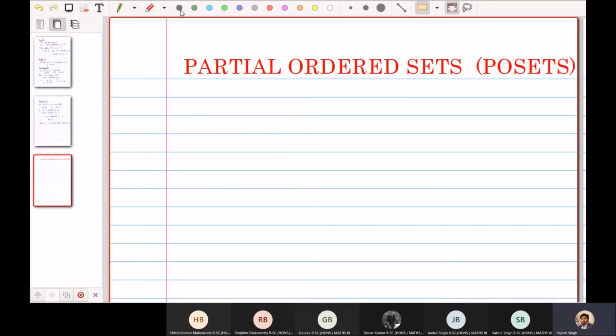So let us write its definition. So what is the definition?